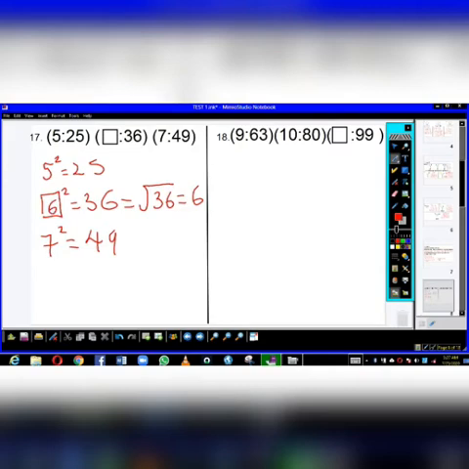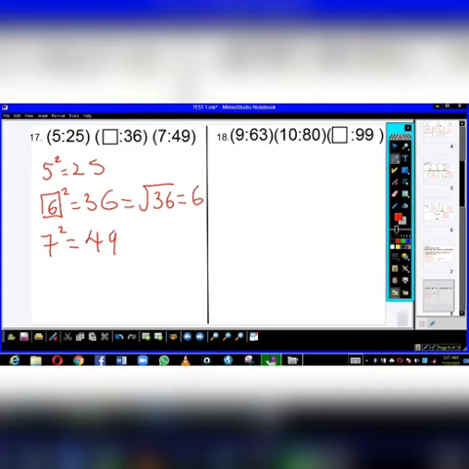Now number 18. Okay, here we are going to do a different working entirely. It is not a must that the first working and the second one, the third one, will be the same thing.